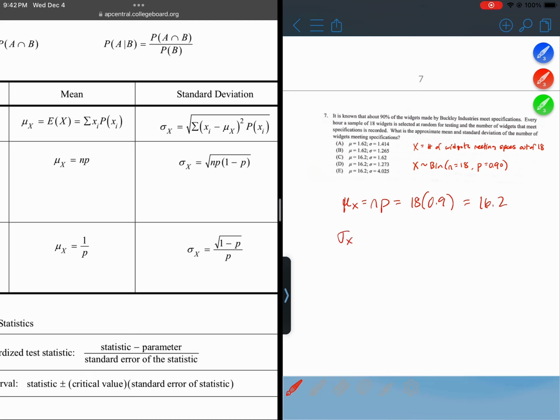And then the standard deviation is the square root of np(1 minus p), so that's the square root of 18 times 0.9 times 0.1, which is about 1.27. All right, looking at the answer choices, we're going to go with choice D.